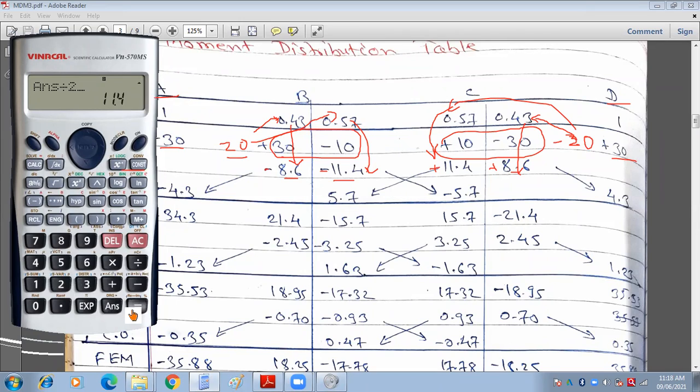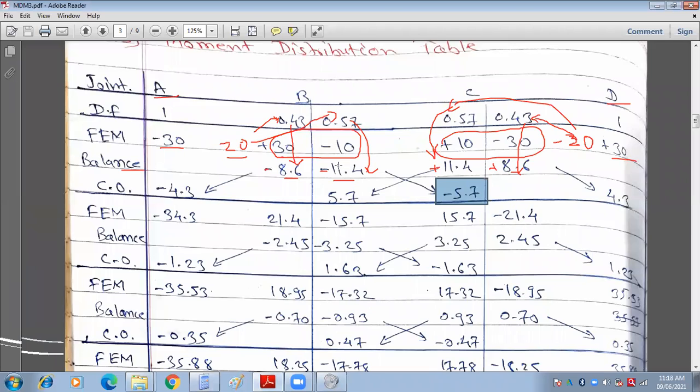If this moment is minus, the same minus moment will be transferred, 50%. If it is plus, the same plus moment will be transferred to the far end. Since the values are the same, the calculation reduces. Here it is only minus and this one is only plus. All the procedure is the same.